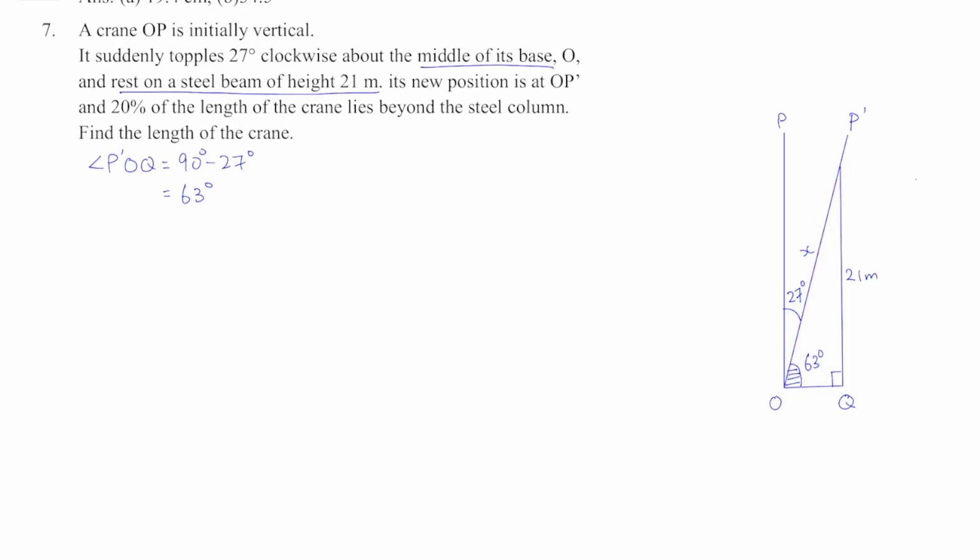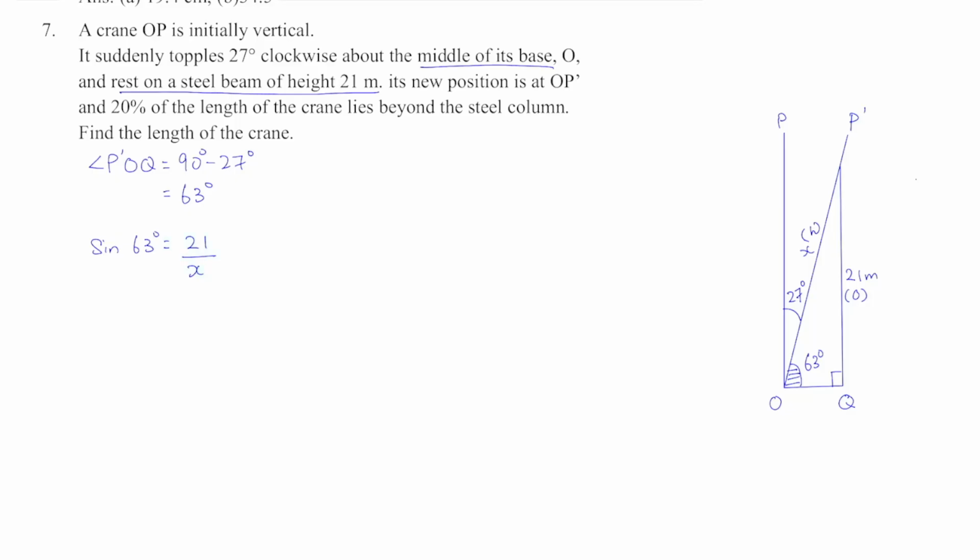So x is my hypotenuse, and 21 is my O, because it's opposite the angle. Then O and H is sine. So sine 63 degrees equals opposite over hypotenuse, which is x. Forgot the degree.